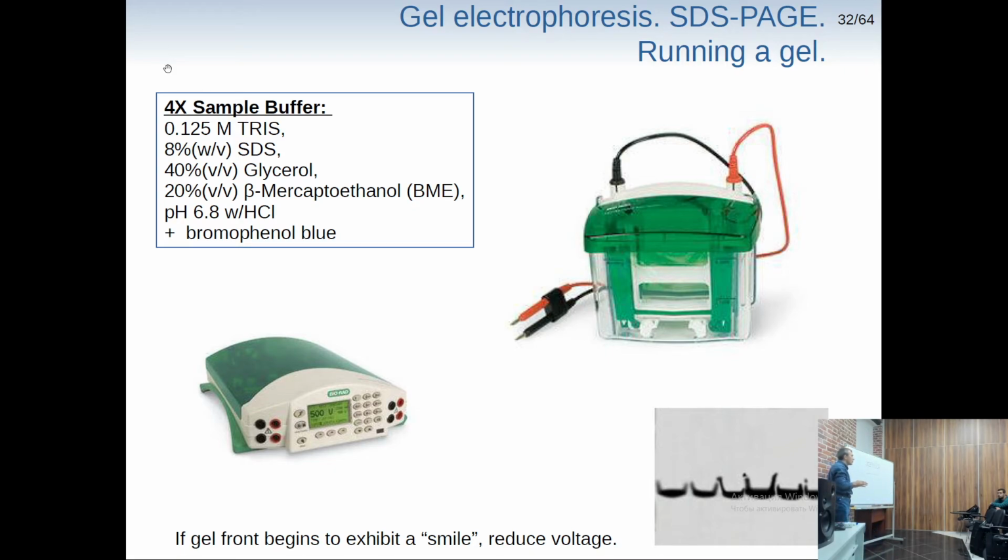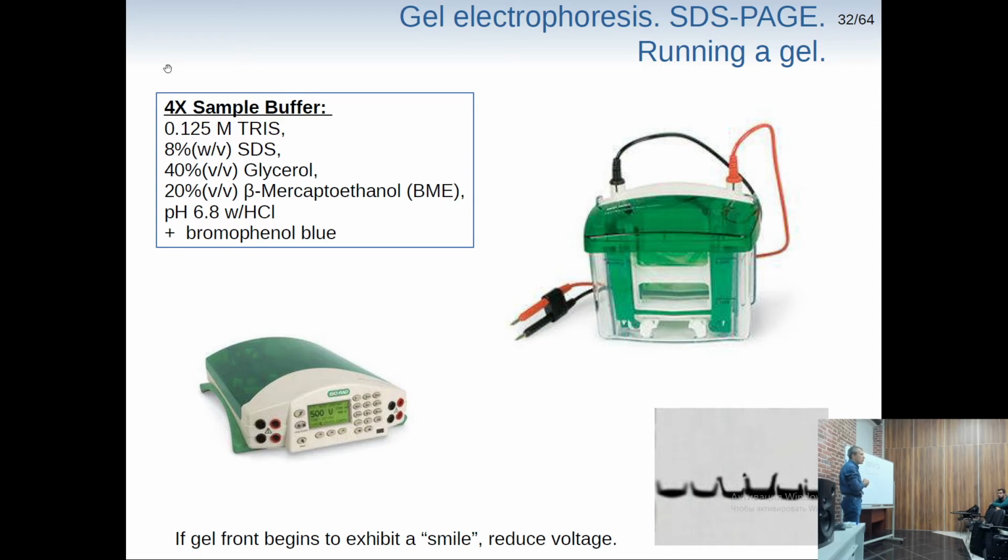If we have a lot of protein, what will happen? Will there be enough SDS to cover a lot of proteins in such a small volume? And if not, proteins will stick to each other, and we'll have something that will not move into the gel, right? So we need to add some additional SDS here.